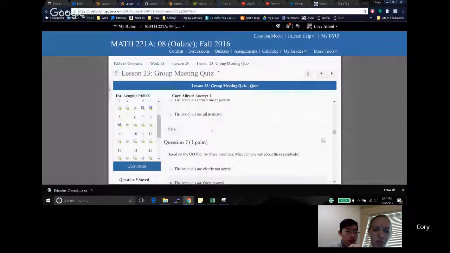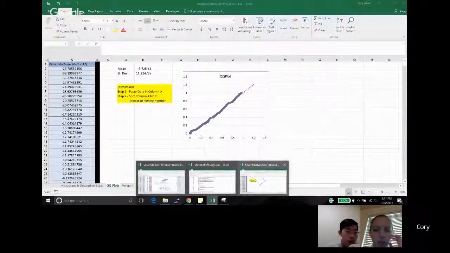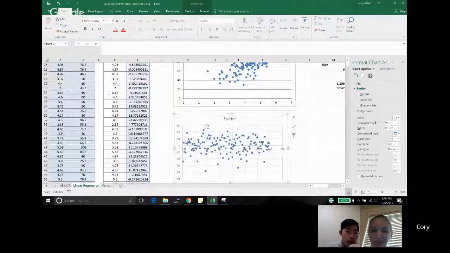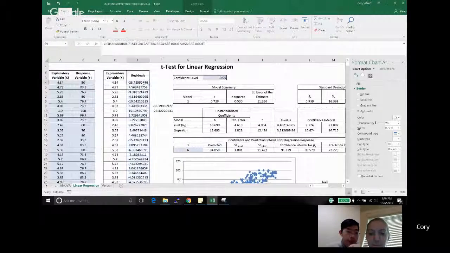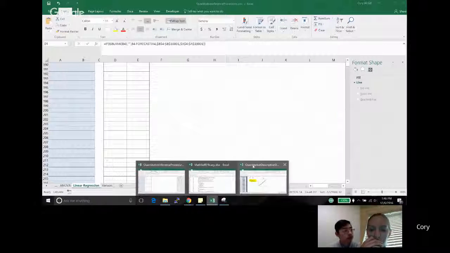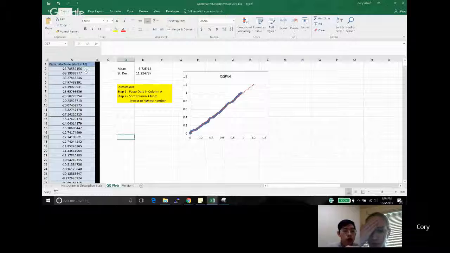Okay, so number 7, I did a QQ plot. For that one, I had to open up... No, because it's a megaphone, so it is normal, right? Because it says residuals are normal if they're like, oh no, it's not a megaphone. I lied. So anyways, I took all these values here, copied them over into the qualitative description, pasted them in here, and then you have to sort it from low to high.